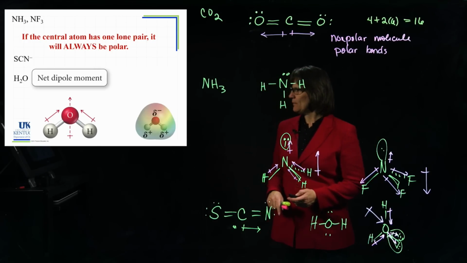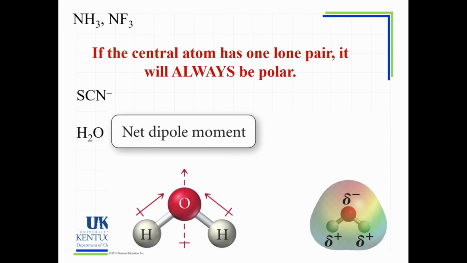Let's look at the image that we see here. The image on the left shows the vectors ignoring those lone pairs, and that's one thing you can do. You don't really have to draw in the vectors for the lone pairs because, while they do have a vector, it will not affect your ability to come up with polarity.